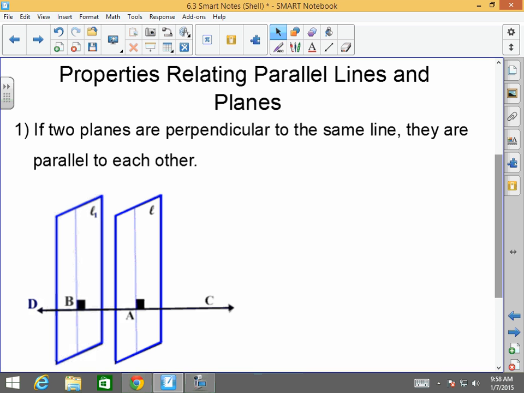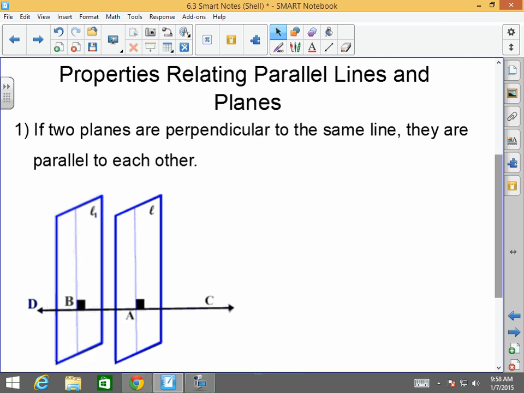Or with this wall right here. This wall creates a 90-degree angle with the ceiling, and it creates a 90-degree angle with the floor. So that means that the ceiling and the floor are parallel. Does that make sense? I tried to create figures that really represented it clearly.